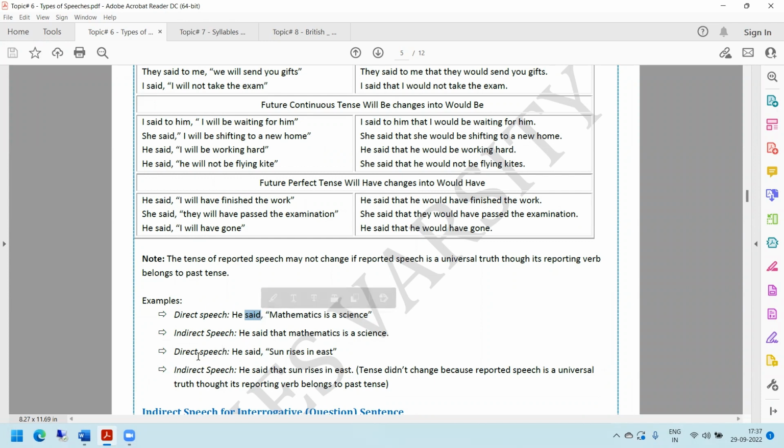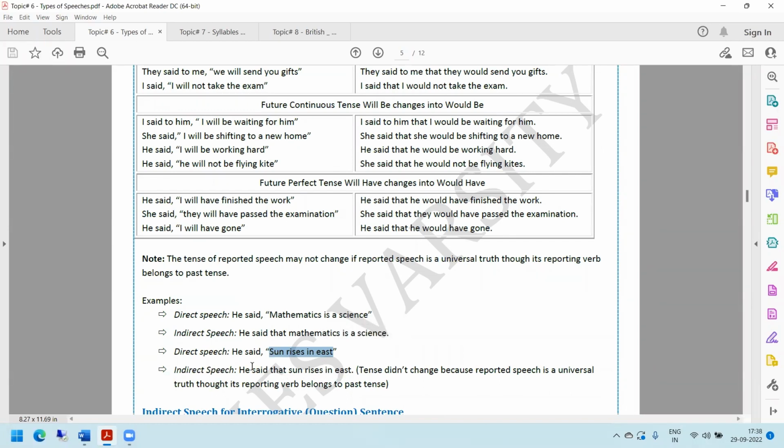Second example, direct speech: he said, sun rises in east. Because the sun rises in the east is a universal truth, we don't make any changes in the reported speech. So he said that the sun rises in the east.